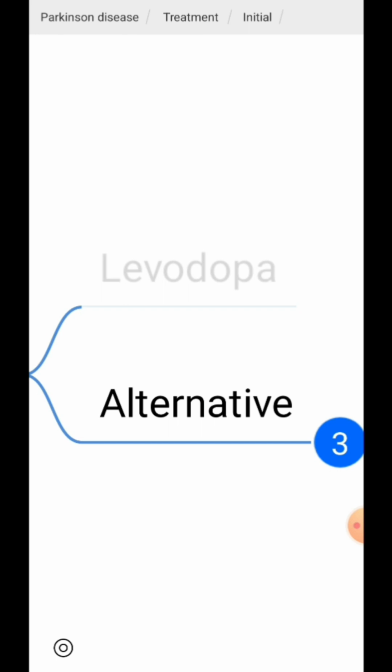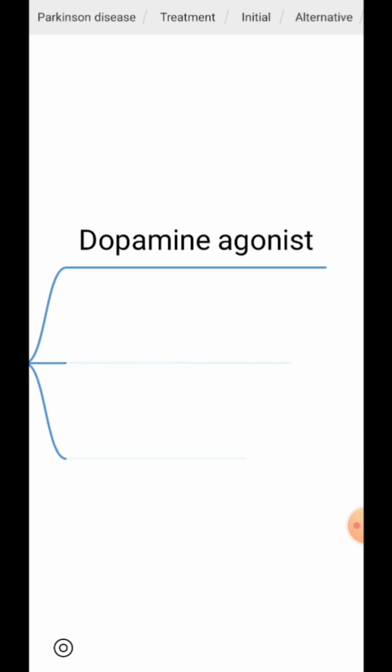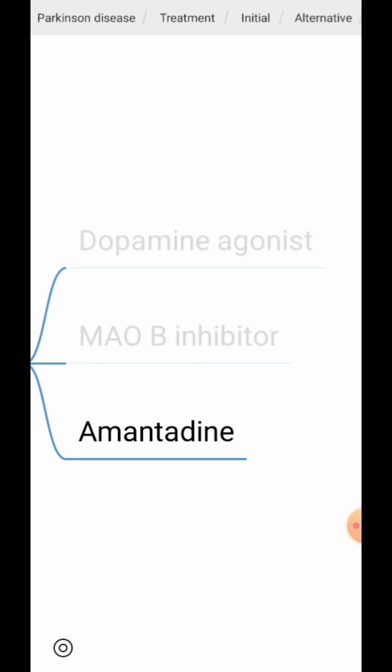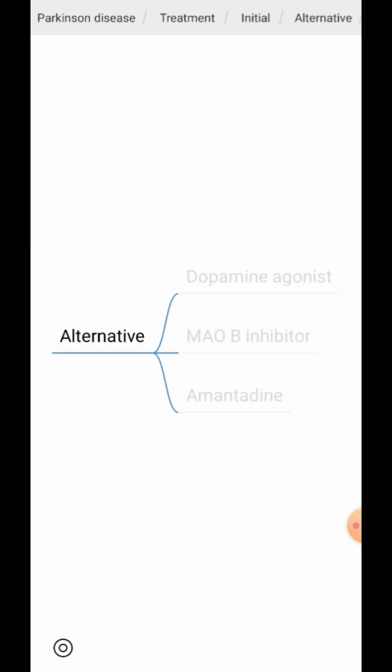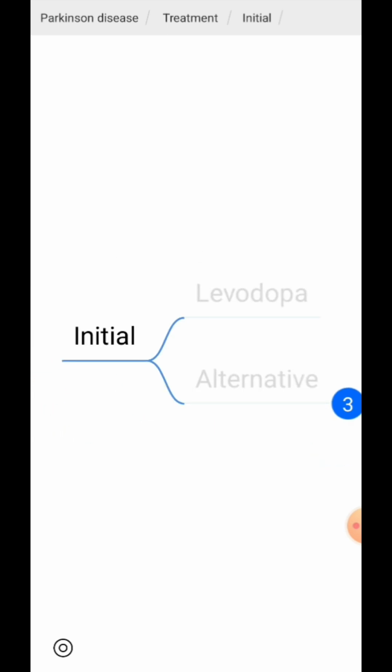There are alternative therapies as well: dopamine agonists, monoamine oxidase B inhibitors, and amantadine. So those are the alternative treatments apart from levodopa. So that is the initial therapy which you can do for Parkinson's disease.